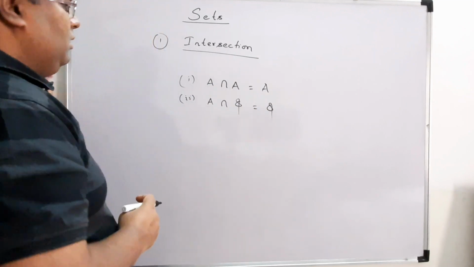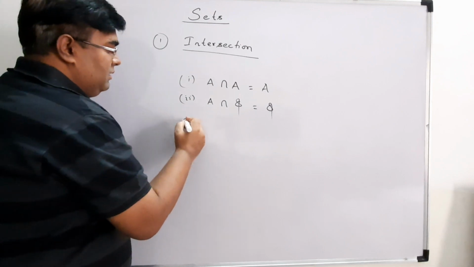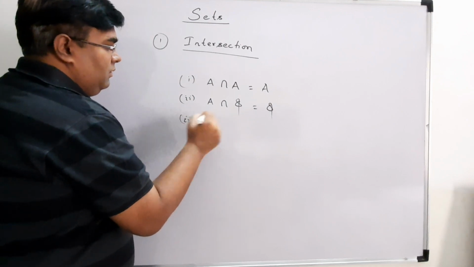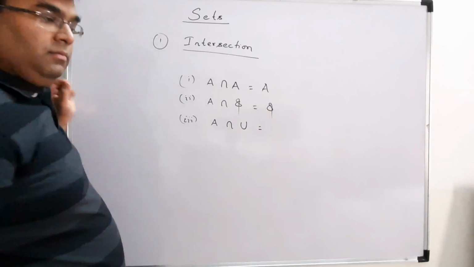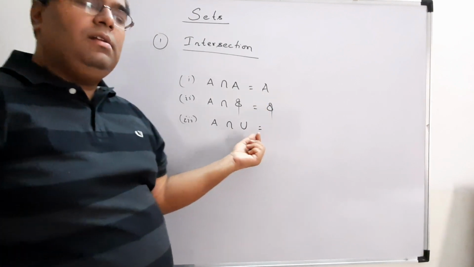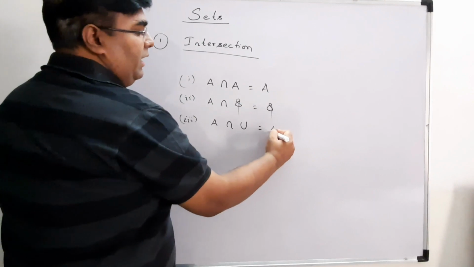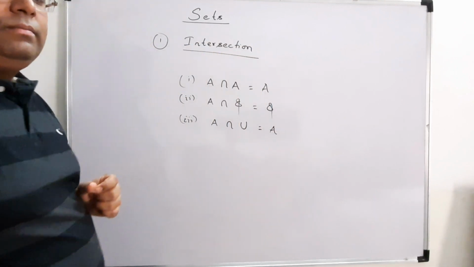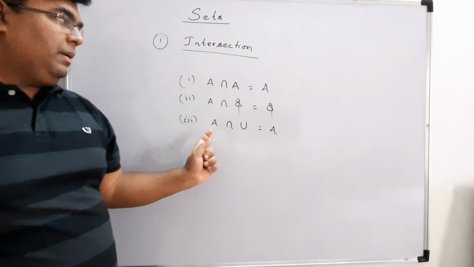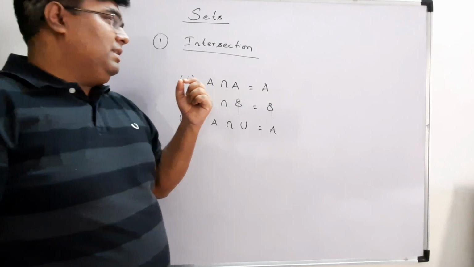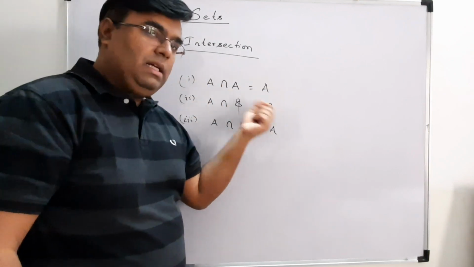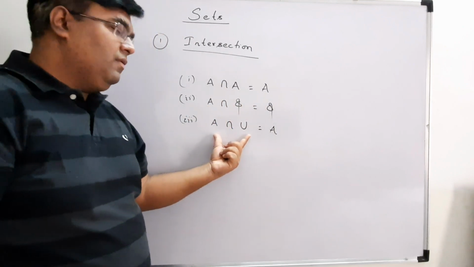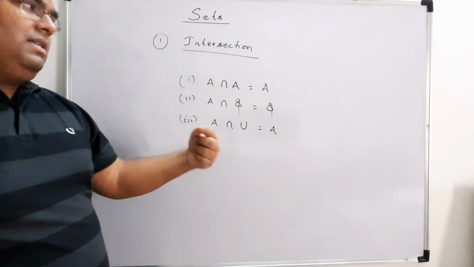Now let us understand A intersection universal set. Let us say this is the universal set. It will be again A only. So remember these 3 points first: A intersection A is A, A intersection null set is null set, and A intersection universal set is the set itself.